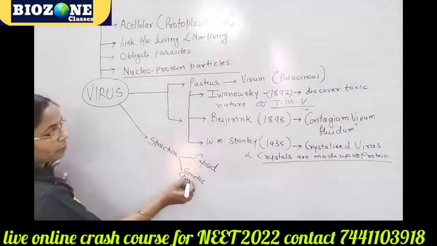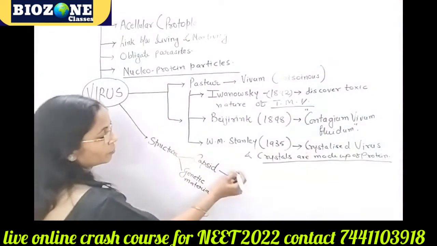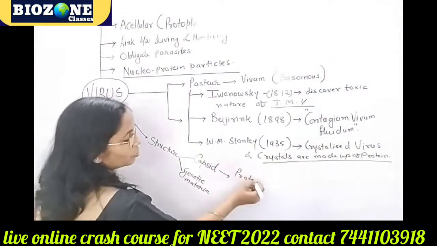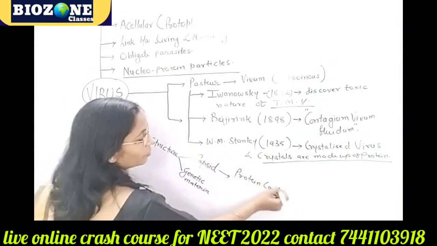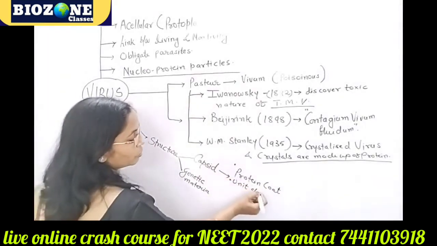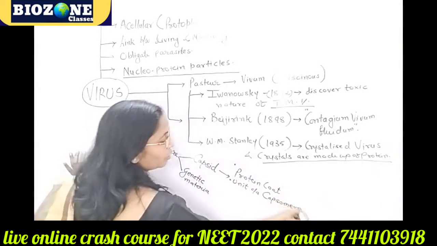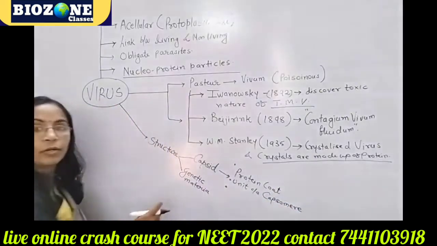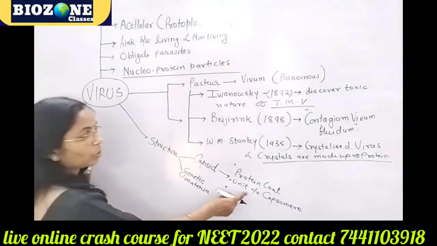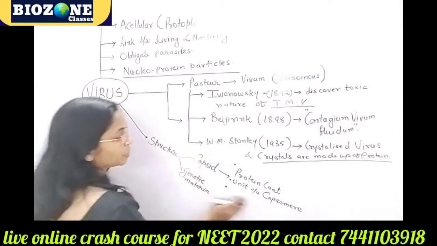The capsid is the protein coat. Its single unit is called capsomere, and the coat is proteinaceous.